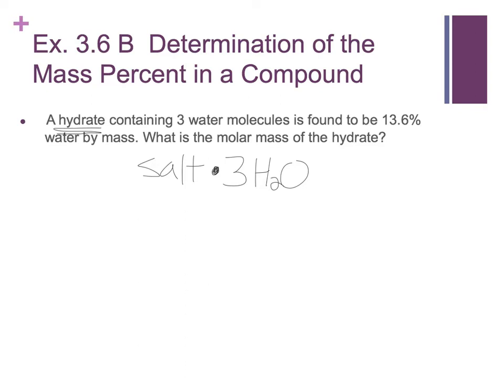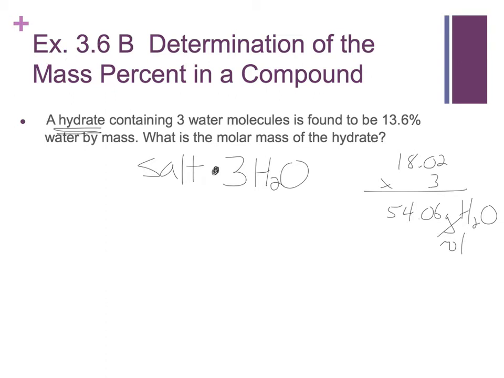Now we know that that hydrate is 13.6% water. So 3 waters, water molar mass is 18.02. The water portion of this is 54.06 grams per mole, if we dealt with a mole of that.